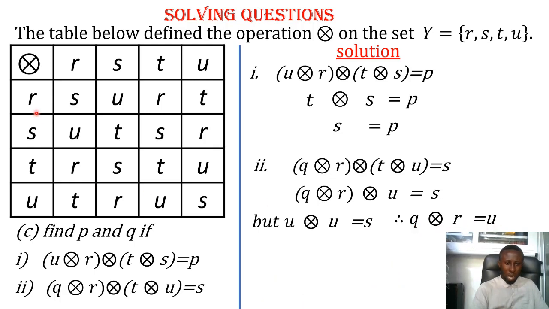So let's move to R. We have U here, meaning R operation S gives us this U. So S operation R is U, right? Then therefore S is equal to Q. So our Q is S.